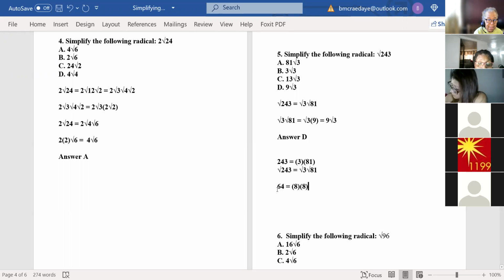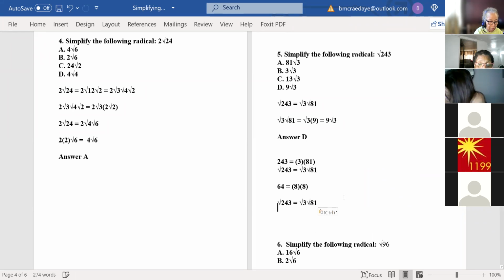Now, if I made this square root of 64, let's copy this and put the 64. What are the factors of the square root of 64?